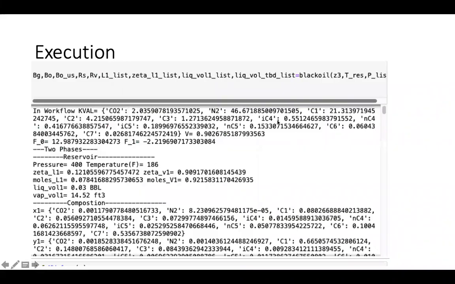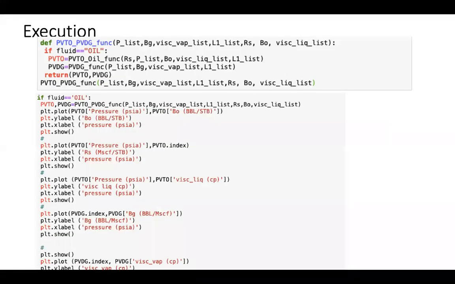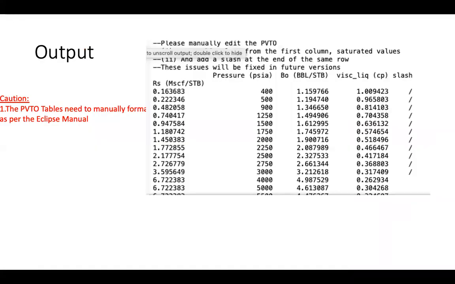Okay, then this is one of the functions which, when you execute it, will generate RS and BO versus pressure. Not viscosity, but RS and BO versus pressure. Okay. And then this is another function which just helps us to make plots. And here I'm using pandas. Okay. So this is what the output might look like.